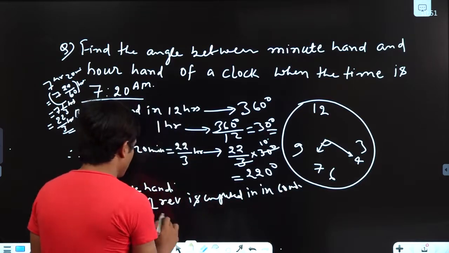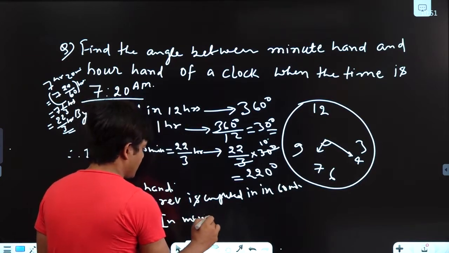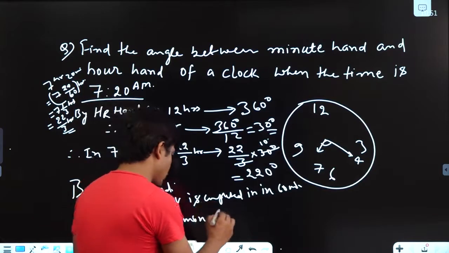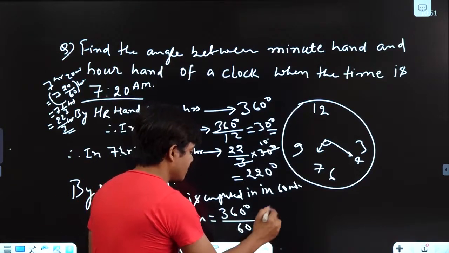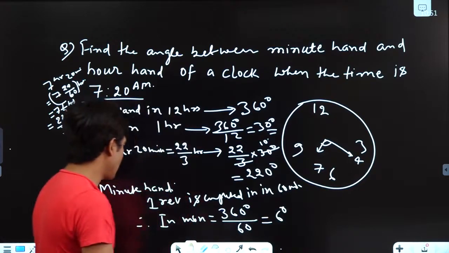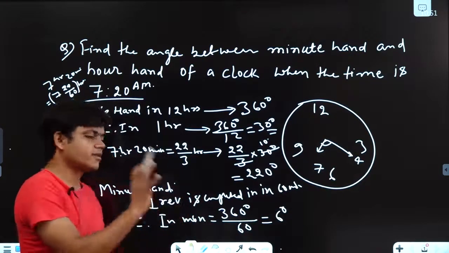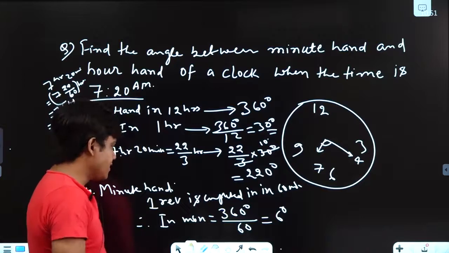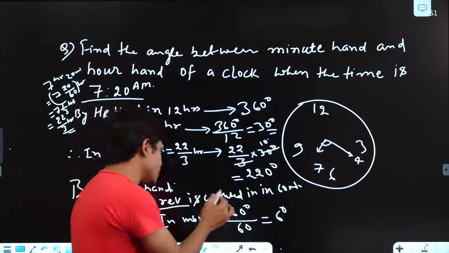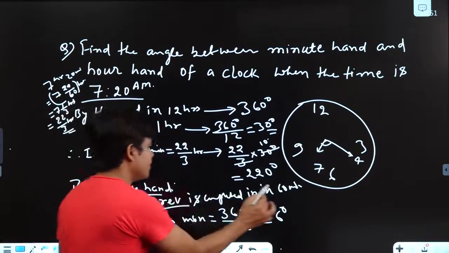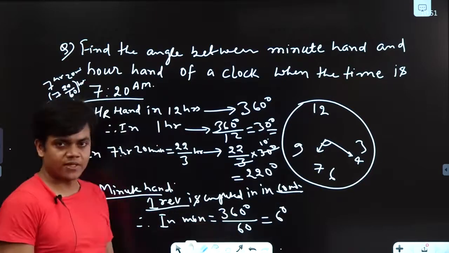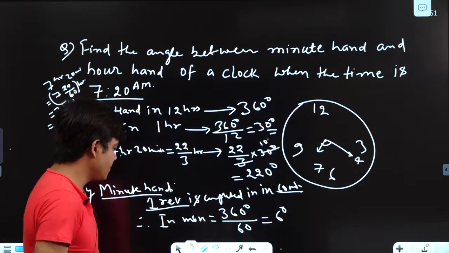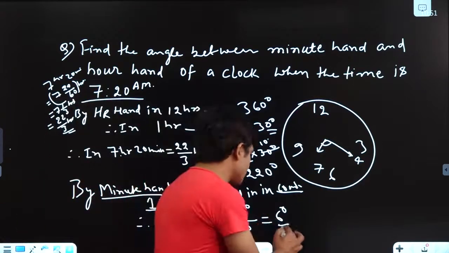Therefore, in 1 minute, how many angle will be obtained? 360 degree by 60, which is 6 degree. How? Because one revolution has 360 degree angle, and this one revolution is completed by minute hand in 60 minutes. Therefore, in 1 minute, how many angle will be subtended? 360 by 60. So 6 degree in 1 minute.